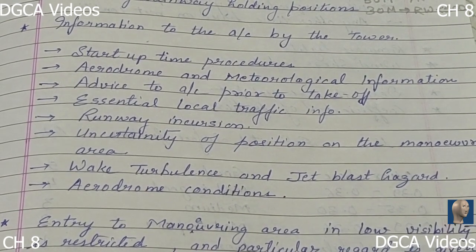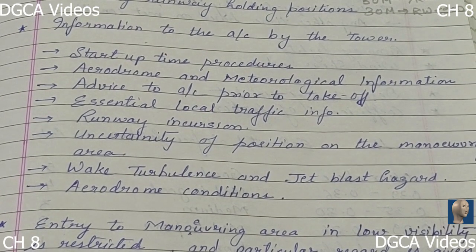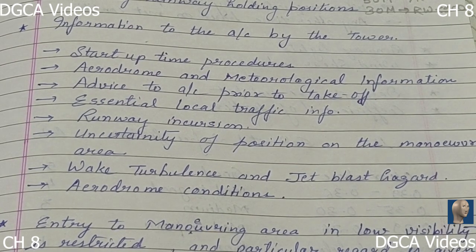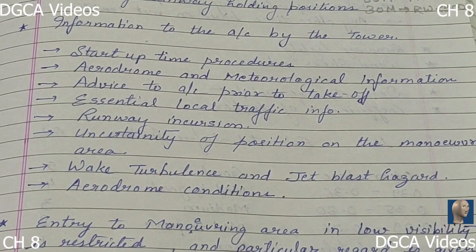Okay. Then we are talking about the wake turbulence and the jet blast hazard. In this case, the aerodrome control has to, whenever applicable, apply the specified wake turbulence separation minima.